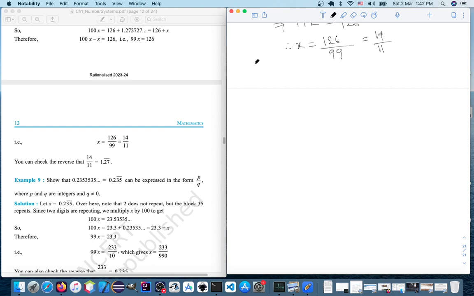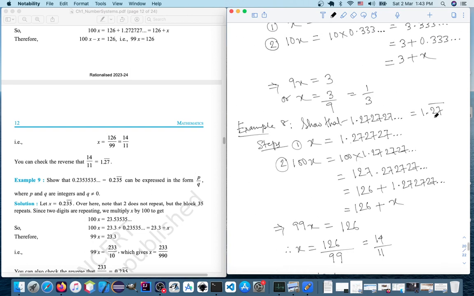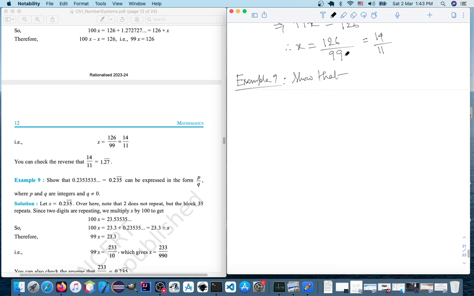Now let's see example 9. The question is to show that 0.2353535... is a rational number.